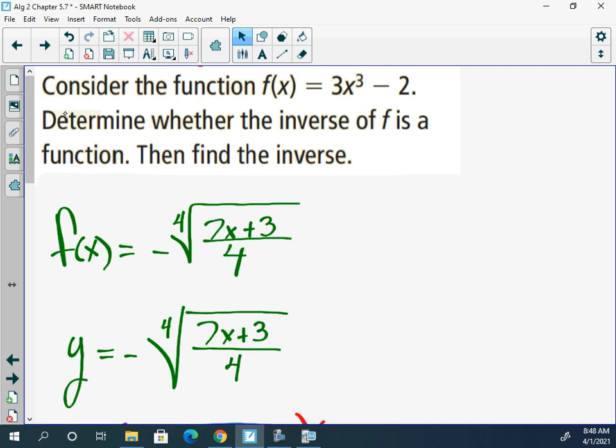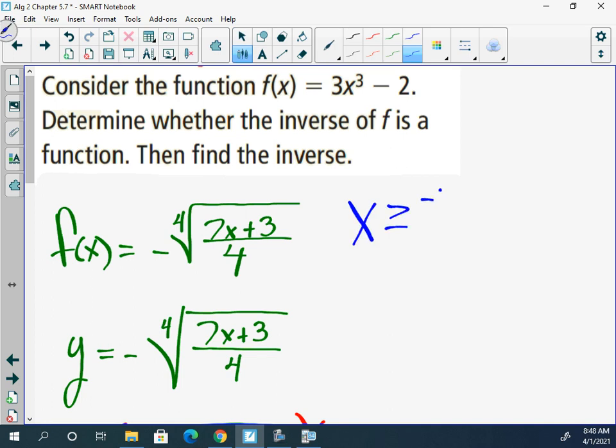And the reason I'm saying that is because to simplify, 7 times 1/7 is 1, yes? And if I have a -3 on top, -3 plus 3 is 0. So we would have simply put whatever's inside there equal to 0 and seen what that value is, which would tell us that here x has to be greater than or equal to -3/7. And then we could find our range from that.